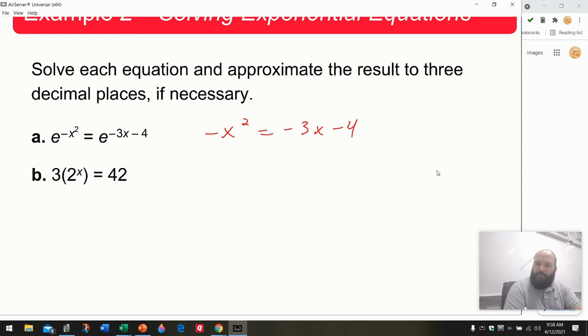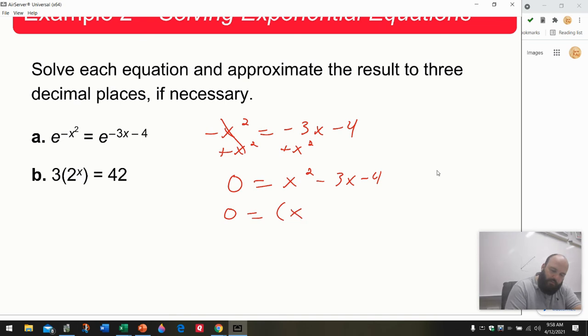Now, once we do that, you can see that we have a quadratic equation. So we should be able to solve that by utilizing some of the properties that we have from earlier in the year. So I'm going to add x squared to both sides, and I will get 0 equals x squared minus 3x minus 4. From there, I should be able to factor this into x minus 4 and x plus 1.